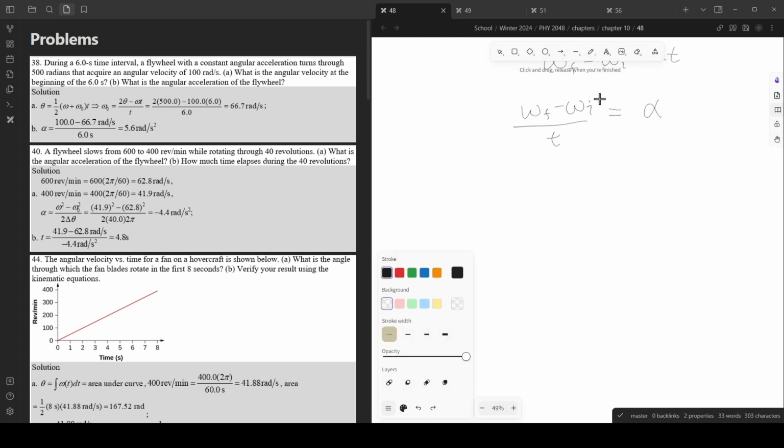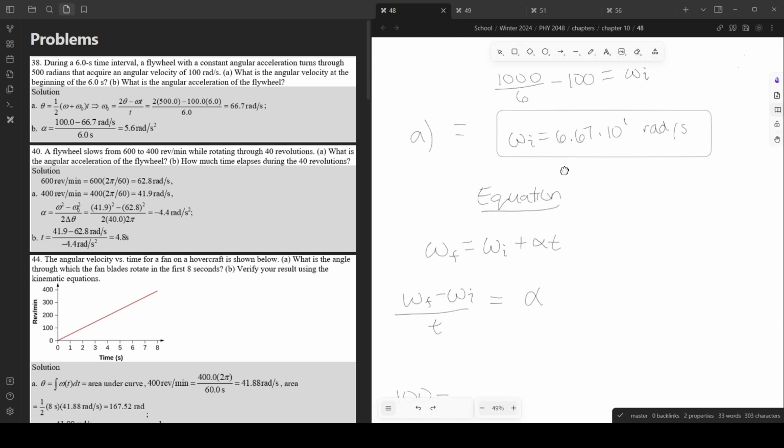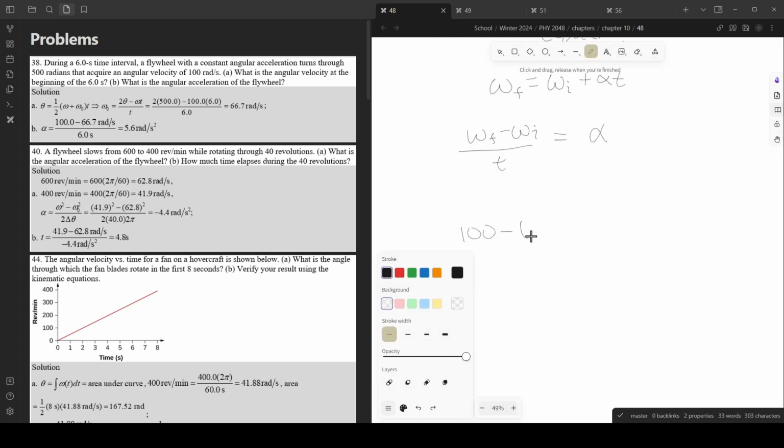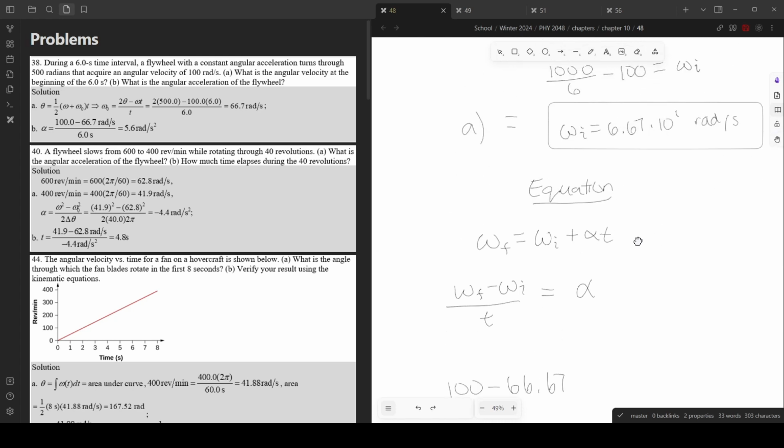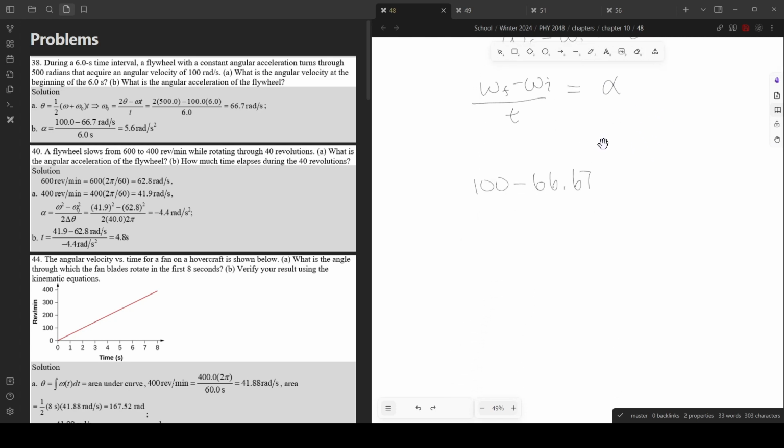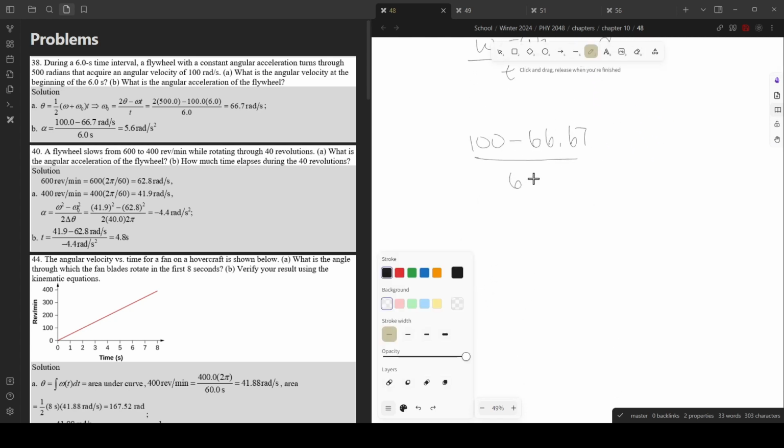Alright, so now we can plug in. So our final omega was 100 radians. I'm not going to write the units. And then we just found our omega initial up here in part A. It was 66.6, repeating, so I'll add another decimal place just for accuracy's sake. And then we're going to divide by 6 seconds. All we have to do is plug it into our calculator and see if we get the right answer.